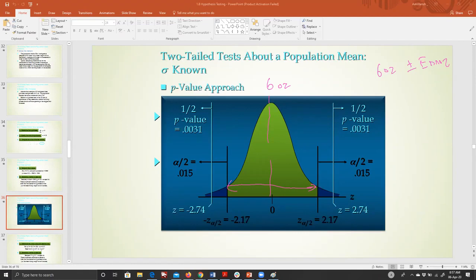What was the formula for error? Z alpha by 2 into sigma by root n. Wait, let me explain. Mu plus minus Z alpha by 2 into sigma by root n.